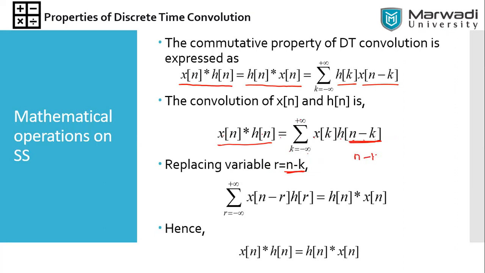N minus k is equal to r, which means that k is equal to n minus r. So wherever k is there, we put n minus r, and wherever n minus k is there, we put r. So now you take x of n minus r into h of r, and that is nothing but the convolution of h of n and x of n.